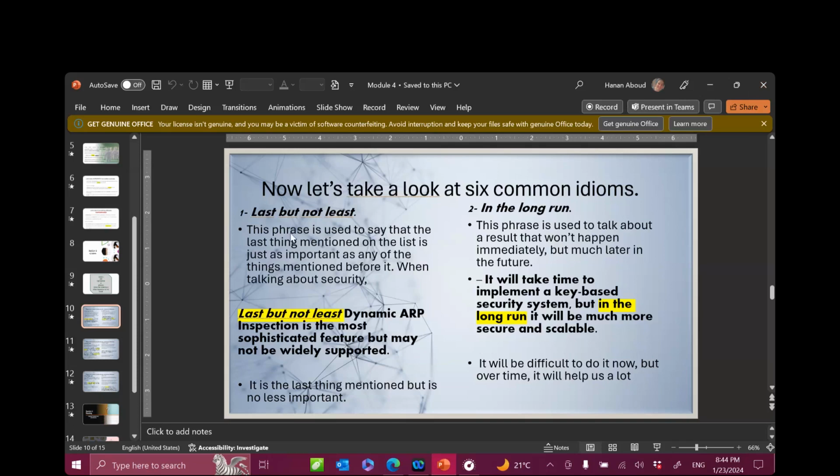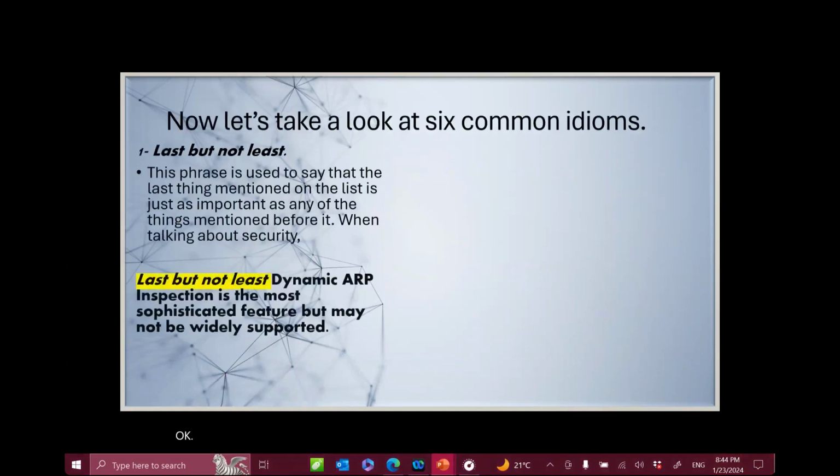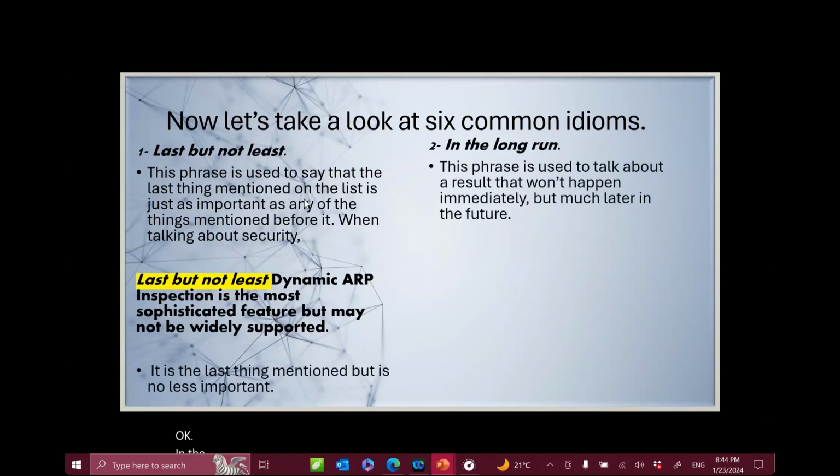Okay. Number 2, in the long run. What's the meaning of in the long run? This phrase is used to talk about a result that won't happen immediately, but much later in the future.